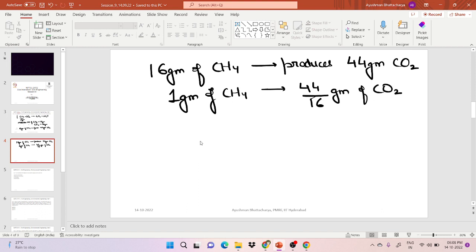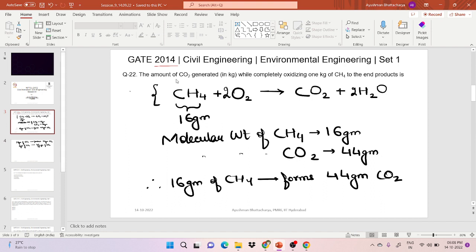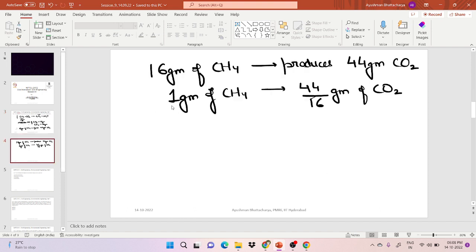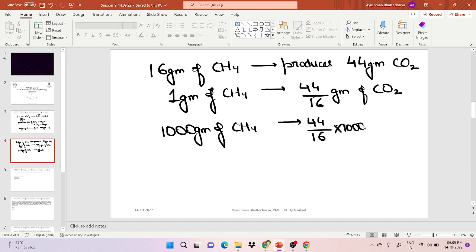Now in the question they have mentioned the amount of CO2 generated in kg while oxidizing 1 kg of CH4. 1 kg is equal to 1000 gram, so 1000 gram of CH4 will produce 44 by 16 multiplied by 1000 gram of CO2. If you calculate it, we will get 2750 gram of CO2.